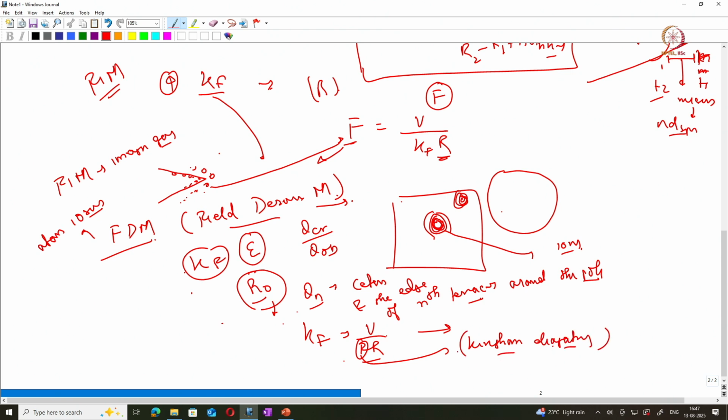From these plots we can accurately determine the electric field which is present near the tip surface based on the species or the specimen. Correct? With this, we can determine the actual value of the kf.